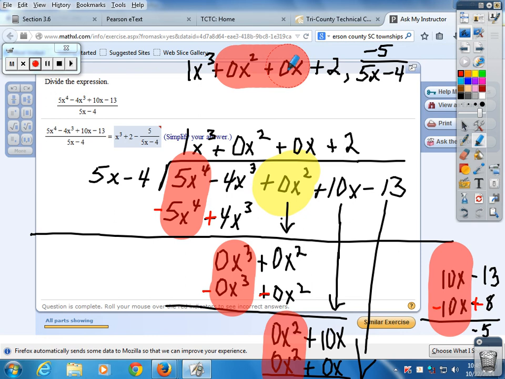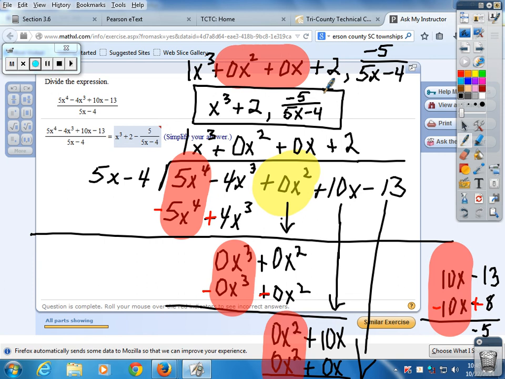We don't need those zero terms, so your final answer, all cleaned up, is x cubed plus 2, remainder negative 5 over 5x minus 4.